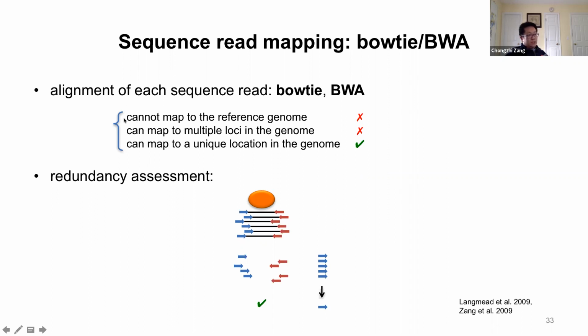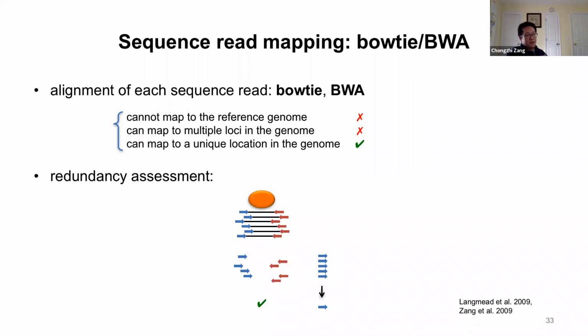We determine for each sequence read, if it cannot map to the reference genome, of course, we will have to discard these reads. There could be several reasons. Most likely, something went wrong in the library preparation or sequencing step. Say they include a few bases of the adapter or other information so that they can no longer align.